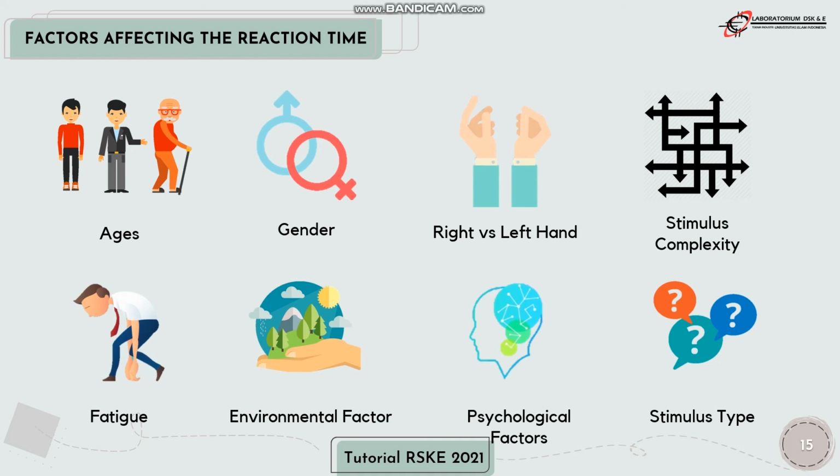Then it also affects the person's reaction time. Seventh, psychological factors, which include mood, pressure, pain, and many more. And the last one, type of stimulus. Many researchers have confirmed that a sound stimulus is responded to faster than a light stimulus.